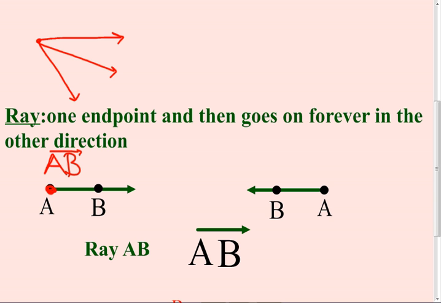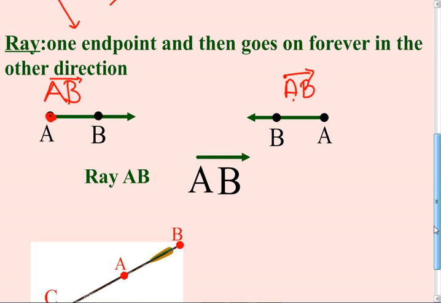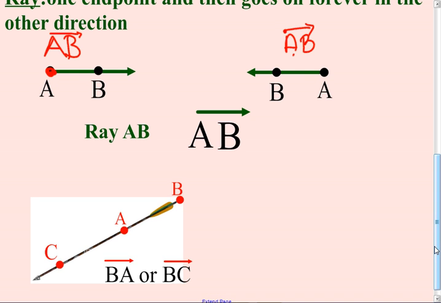Naming that BA is wrong because it doesn't start at B. This is where you start. I know it's an endpoint, but it's where you start. So this is the same name. This is also AB. Even though B is to the left of it, it doesn't matter. This tells me I'm going to start at A. And there's ray AB. It's all the same.